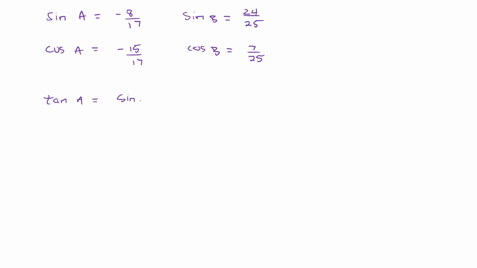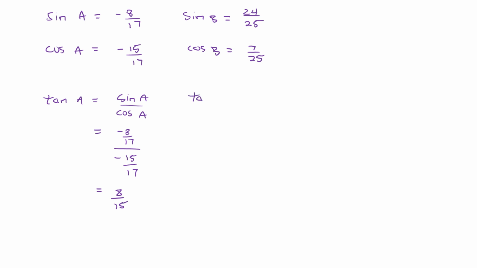the sine of A over the cosine of A, which would be negative 8 over 17 divided by negative 15 over 17, which will equal 8 over 15.